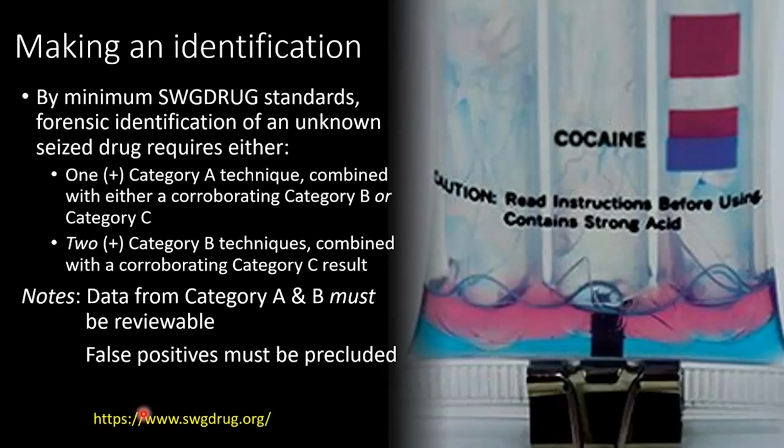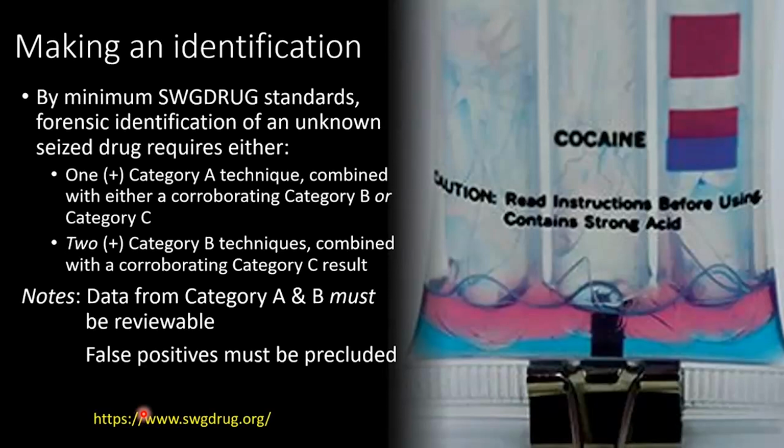The other identification method could involve two category B techniques, which is combined then with a corroborating category C result. So a positive presumptive test, and that's combined with maybe gas chromatography and capillary electrophoresis. So those three techniques combined together would give you an unambiguous assignment of your unknown illicit drug.